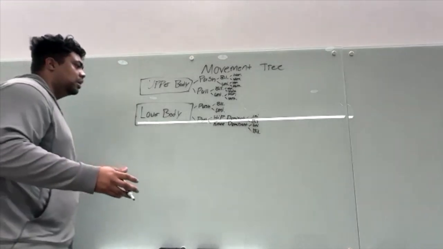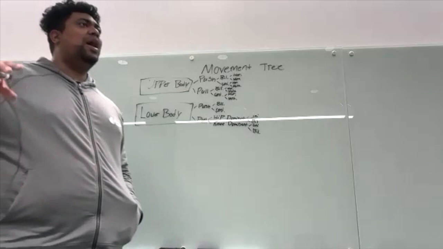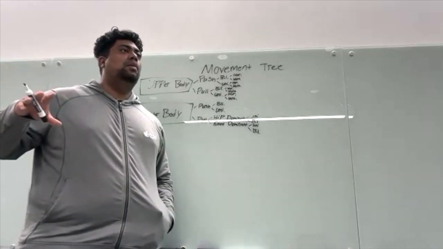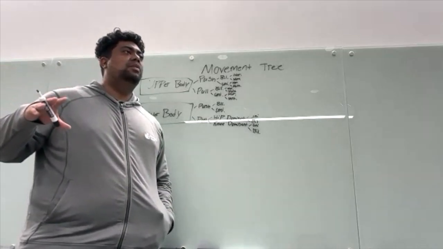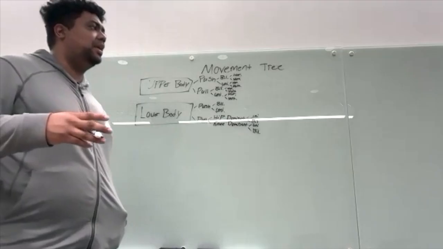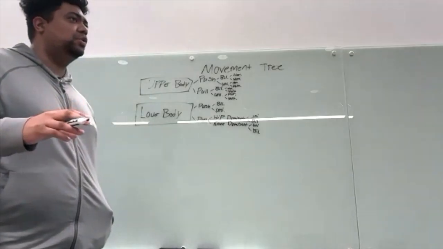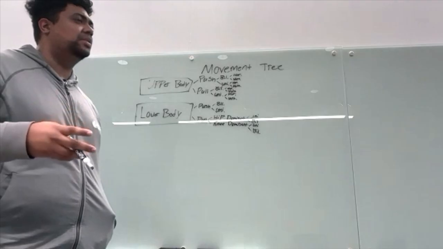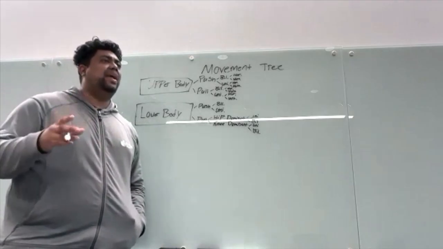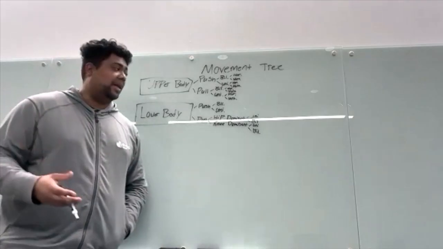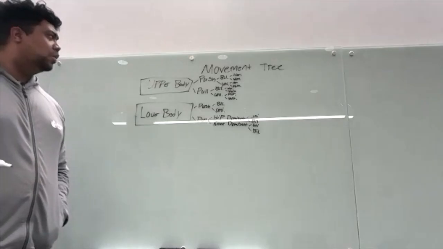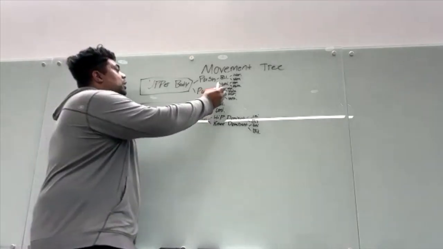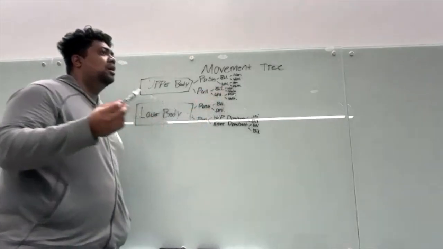From here, again, different things can be manipulated to create different movements and different demands on your system. What do I mean by that? Right? When you're doing something unilaterally, right?